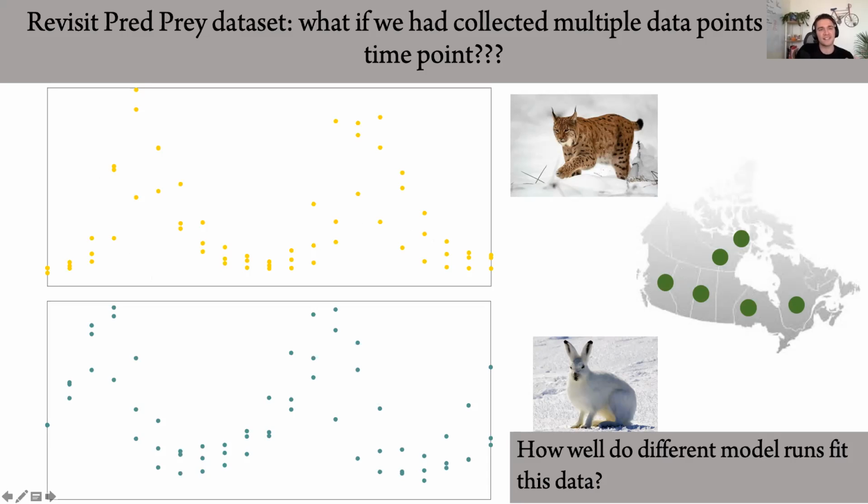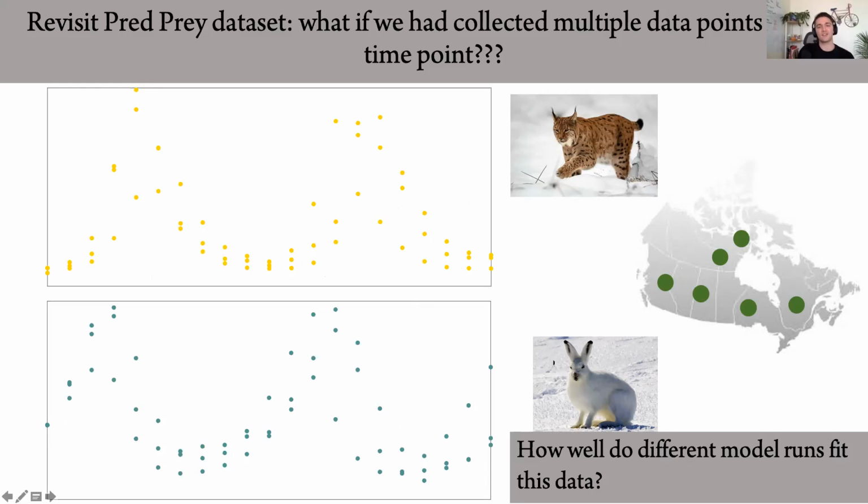So now our data set is going to look like this, where for the Lynx population, we've got multiple data points at each time point. And for the hare, we have the exact same thing, with multiple data points at each time point. You can still see the trends of the temporal dynamics across time here.